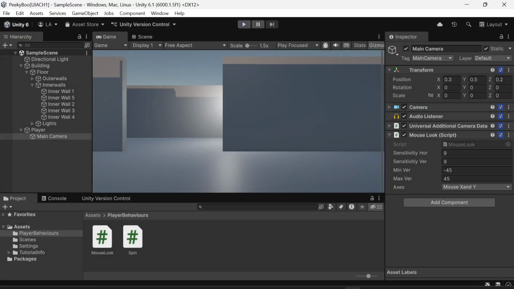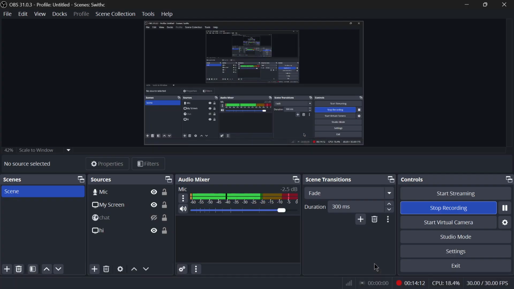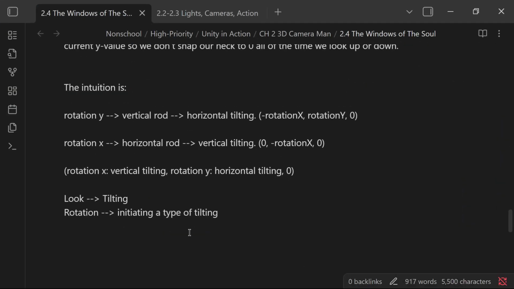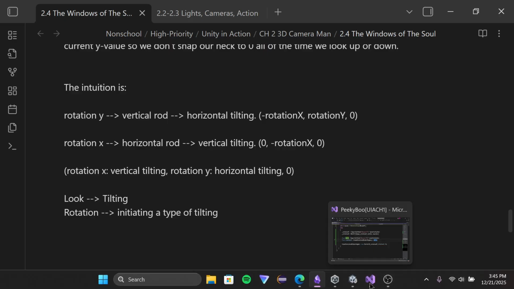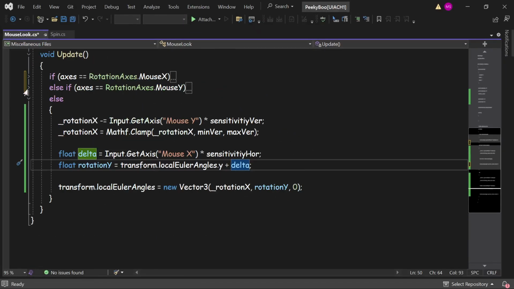So let's stop that. This is just a video, kind of an amateurish explanation of mouse look. To hone things down, this is the intuition: a Y rotation is a horizontal tilting, looking left or right, and an X rotation is a vertical tilting, which is looking up and down. We just map those concepts onto this script here.